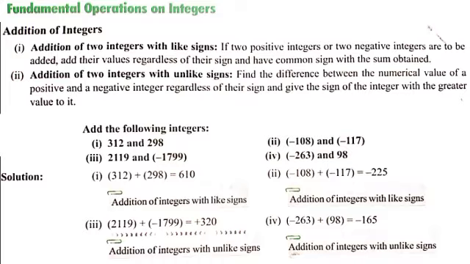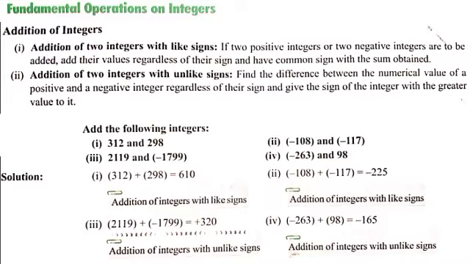Which number is higher? Of course, 2119 is the highest number here. So the answer will be plus 320, positive 320. Here 2119, the number with the greater value, has a positive sign, so the answer is also positive.